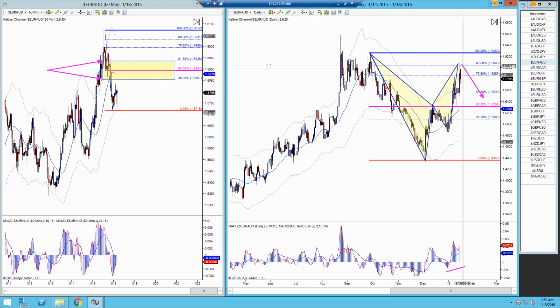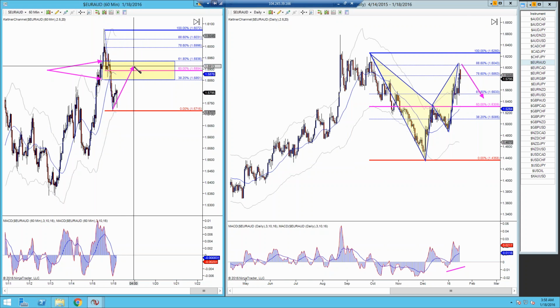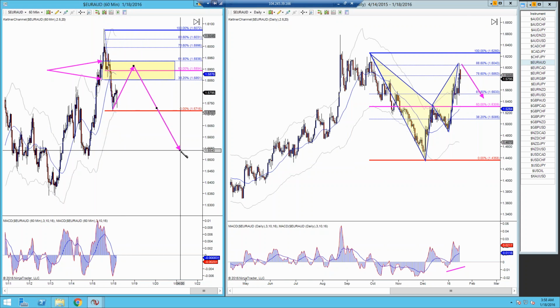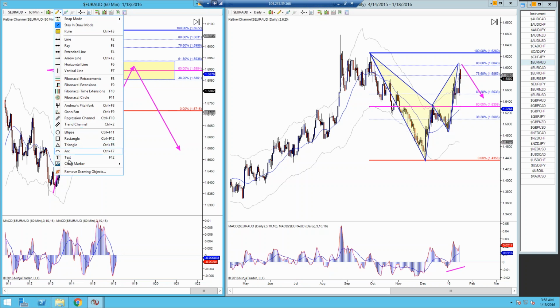So for now, you're looking at this area, you're looking for a possible move back up and then a move back down overall. This is completed in A to B, B to C, C to D. So this is completed what's called an A to B, C to D relationship.